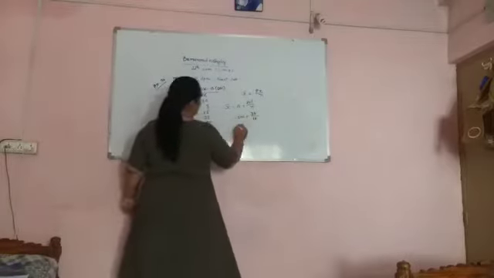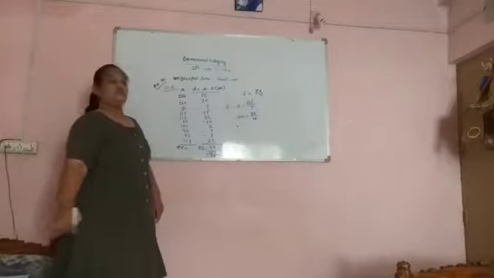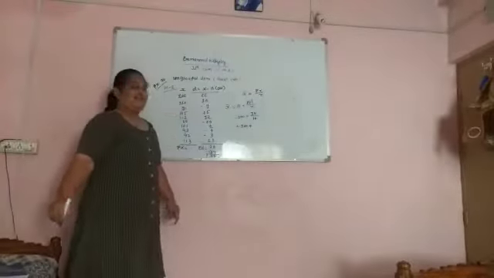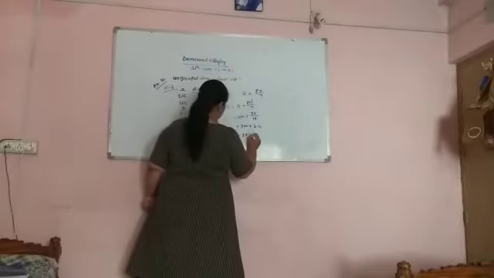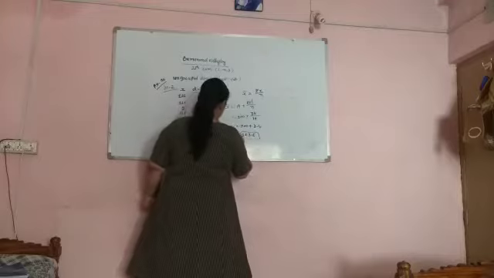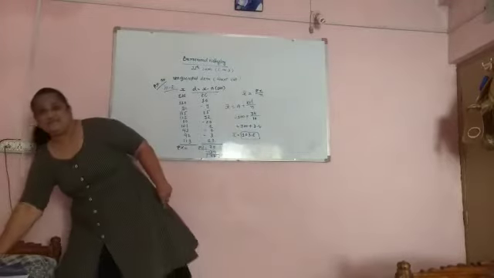Then divided by 10. First of all we do division, not first plus. So we divide it 3.8 and the mean is 103.8. It's your shortcut method.